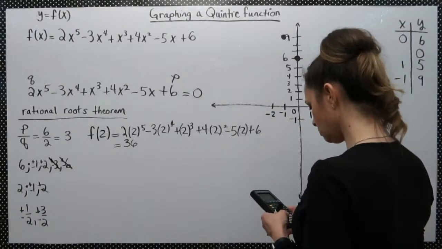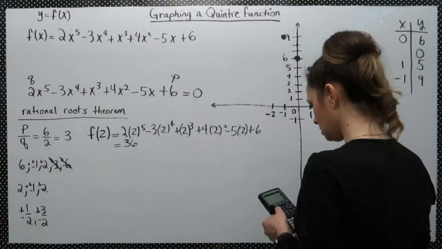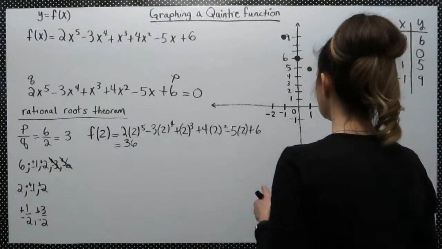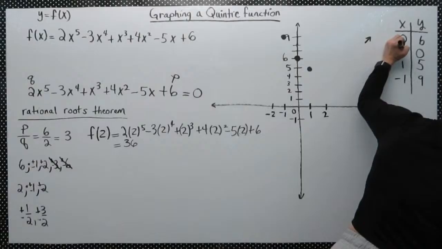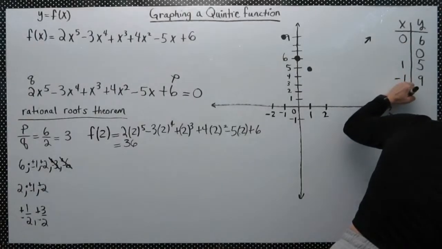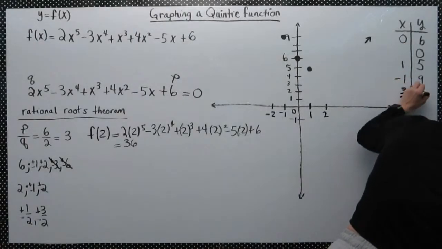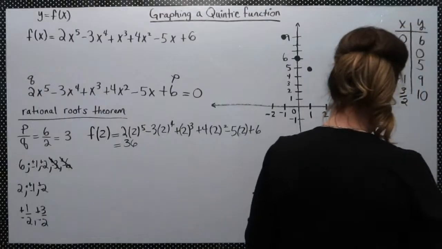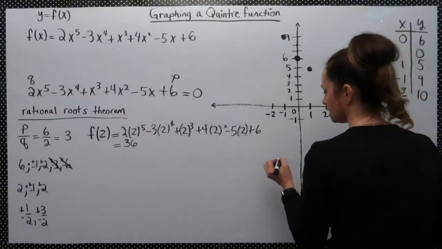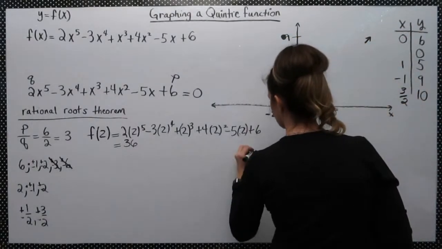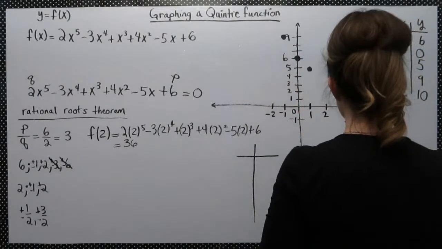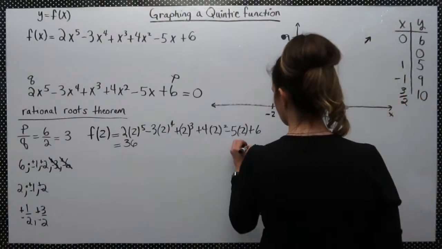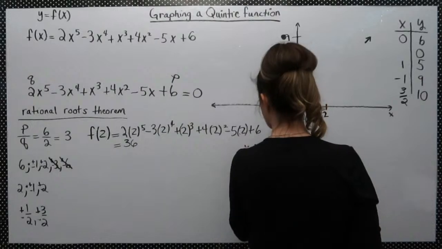All right, so we might be stuck dealing with some fractions here. So 3 divided by 2. 10. So at 3 halves, see, 3 halves, we're at 10. So I need to clean up my table and rewrite it because I want to know what's going on here. So let's go ahead and go. We'll start out with negative 3 halves.